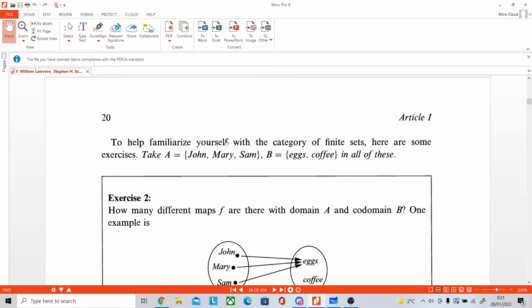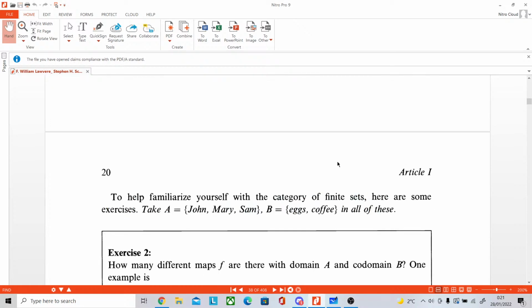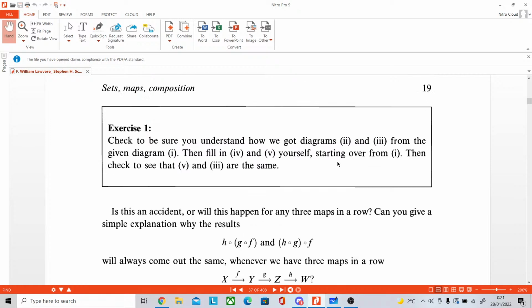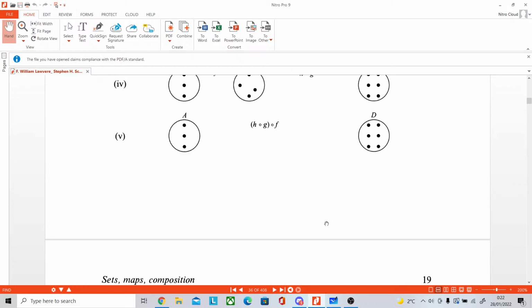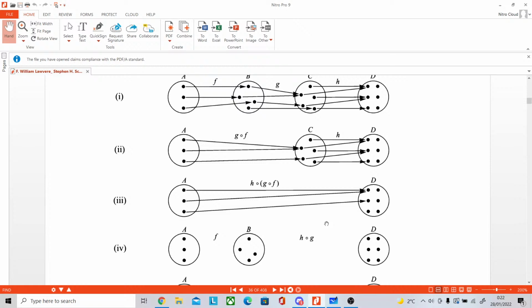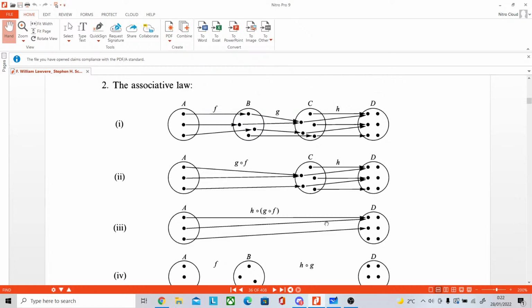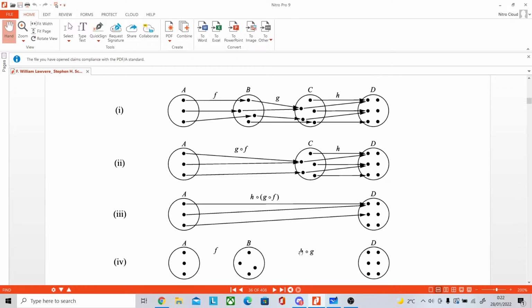To help familiarize yourself with the category of finite sets, here are some exercises. Let's see exercise 1 first. It's just filling in the diagrams, but I think this should be easy. For example, H composed with G: this thing goes here, and then this thing goes here, so we know that HG, this point goes here.